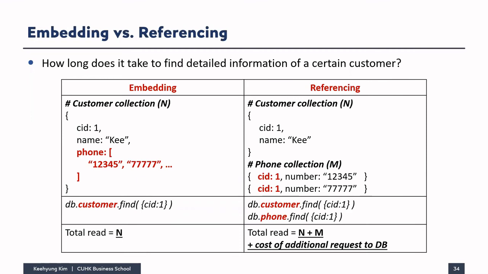You have to be very careful about how many operations there are and how fast they can be performed based on your design approach. This is one of the main concepts to be careful about when you design the data structure in MongoDB. So any questions here?